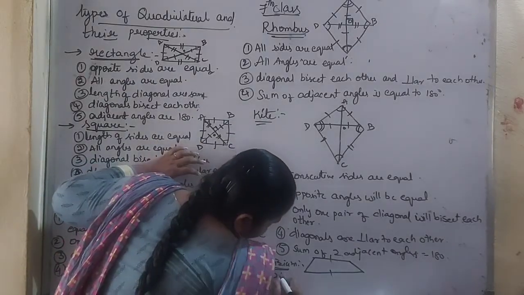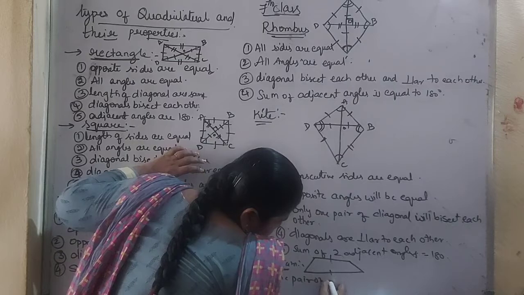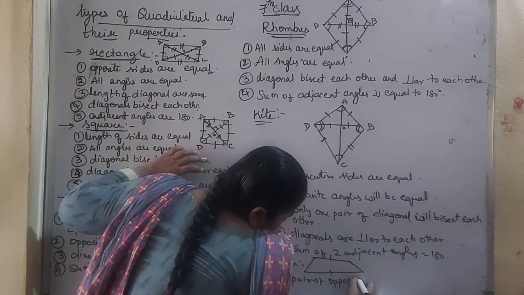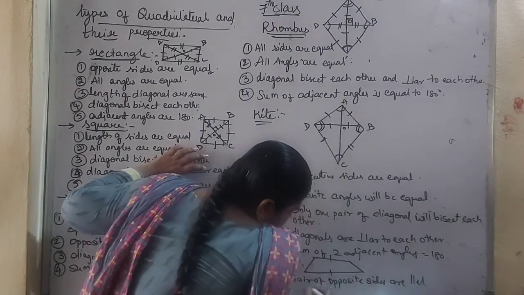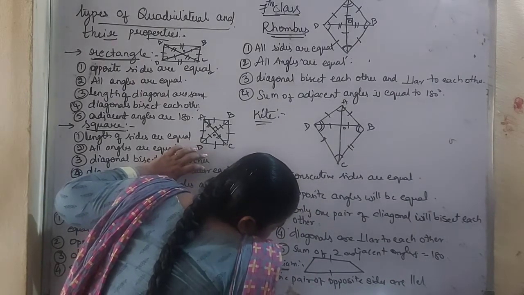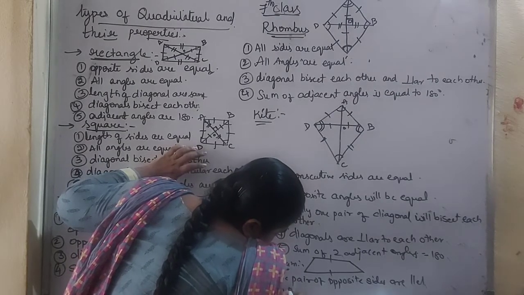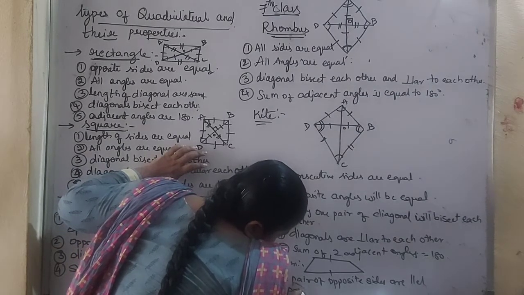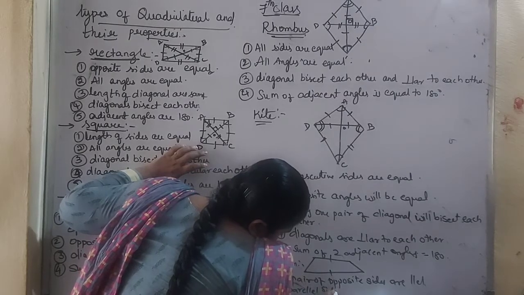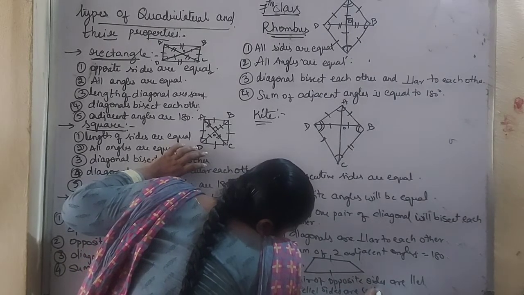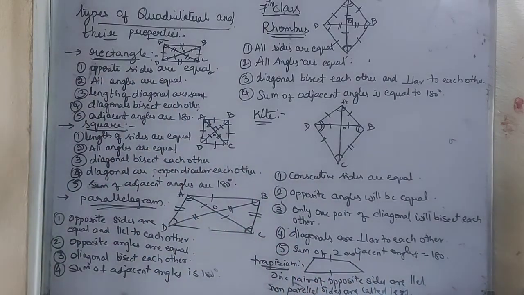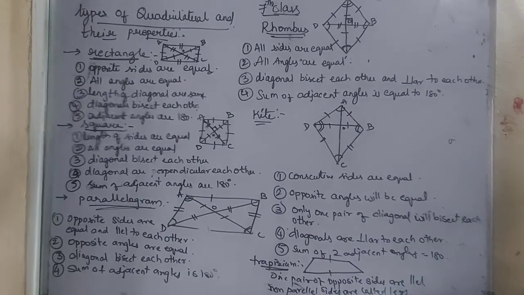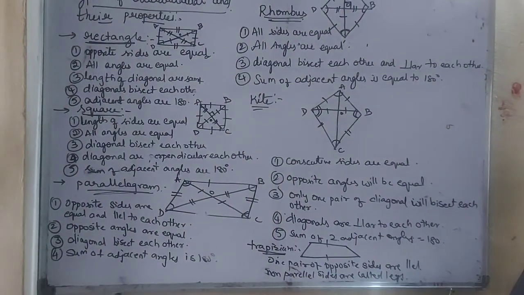So here one pair of opposite sides are parallel and non-parallel sides are called legs. So these are the properties of trapezium. What are the properties of trapezium? One pair of opposite sides are parallel and non-parallel sides are called legs.